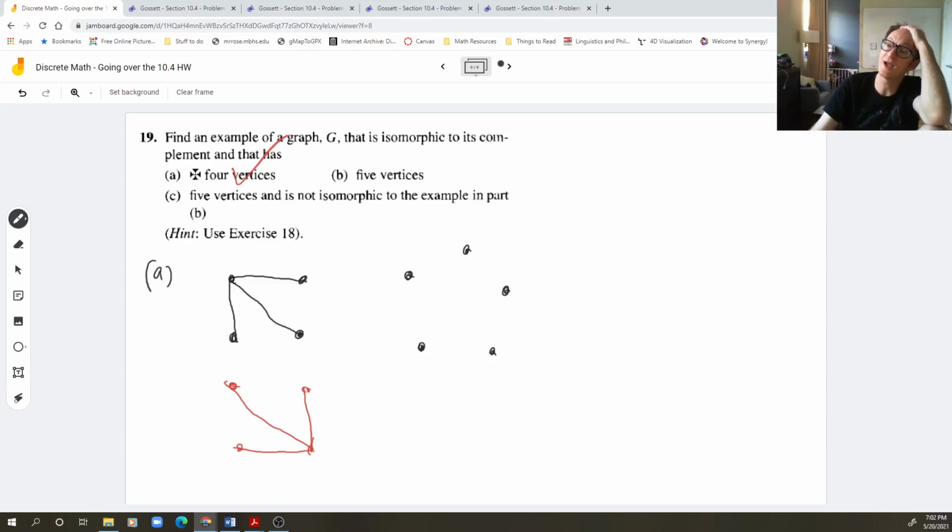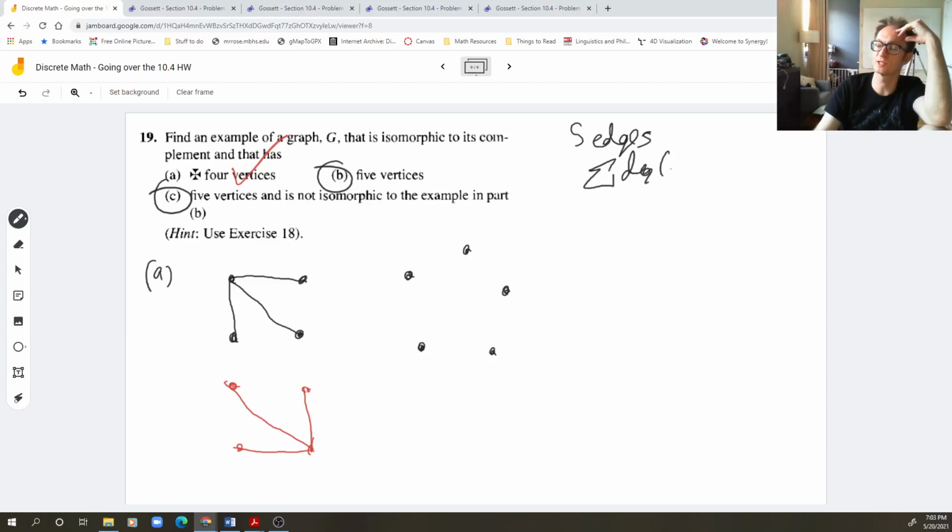So if there are 5 total edges, this is going to apply to part B and part C. 10, 5 edges. Then, I don't know if this tells me anything, but the sum of the degrees of all the vertices has to be exactly 10.